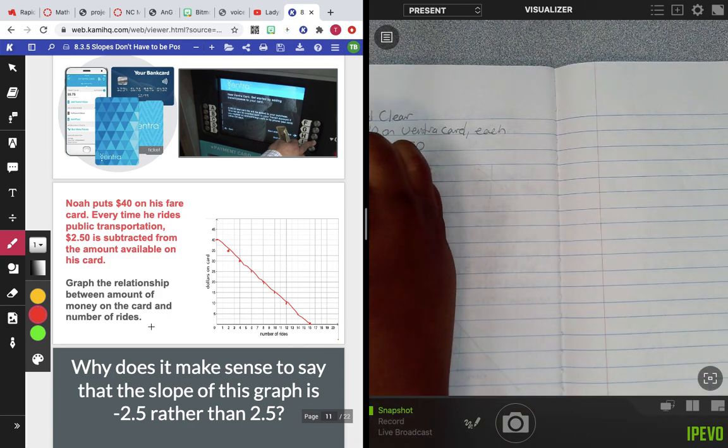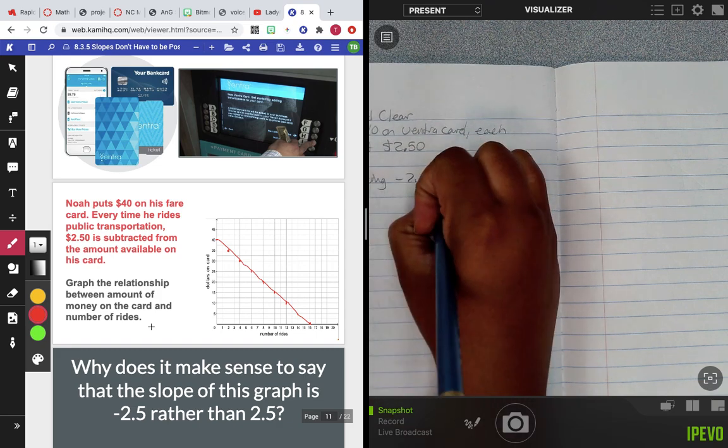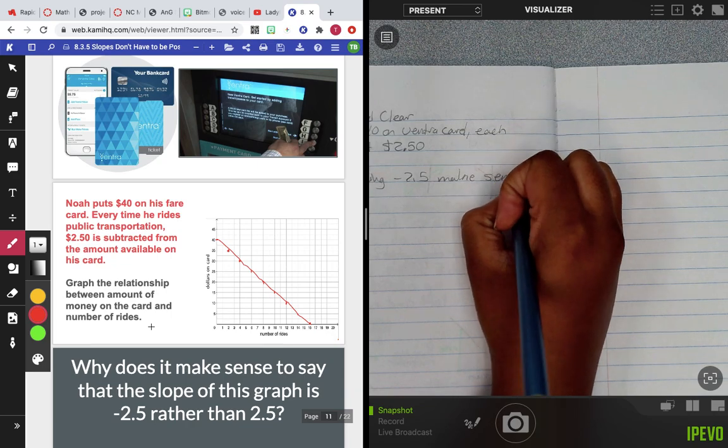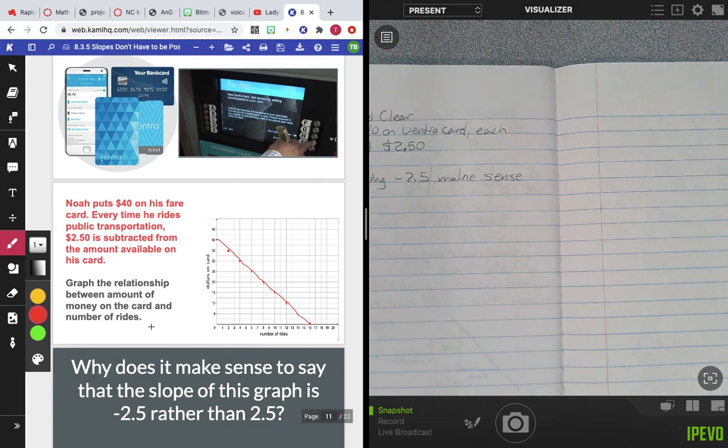The slope being negative 2.5 makes sense mainly because that's how much is being taken away from his initial amount every time he rides the metro.